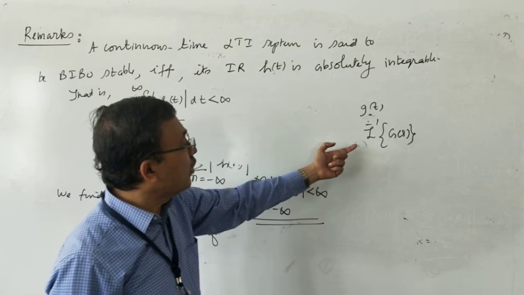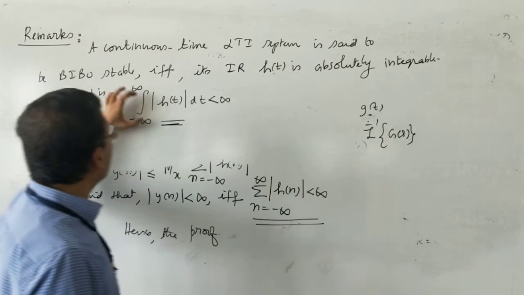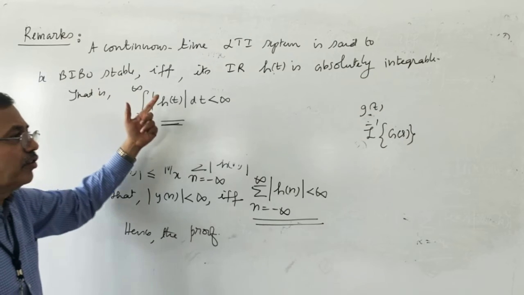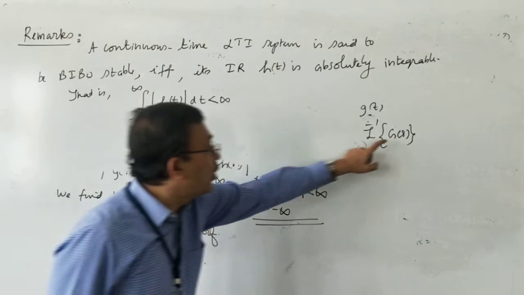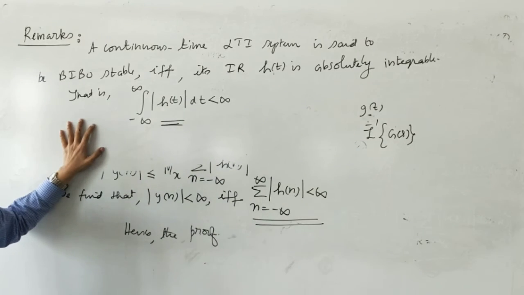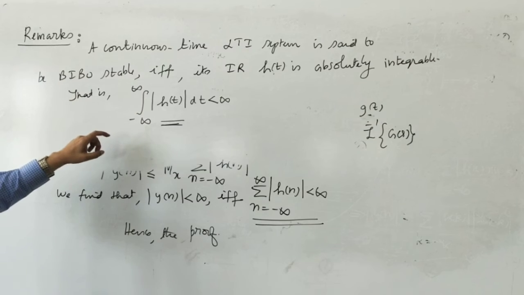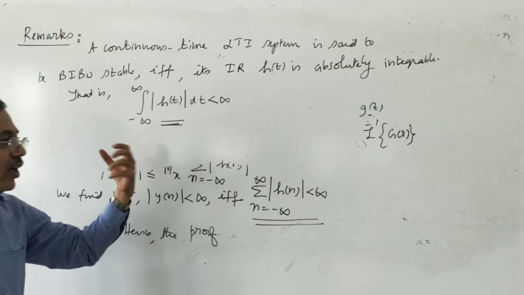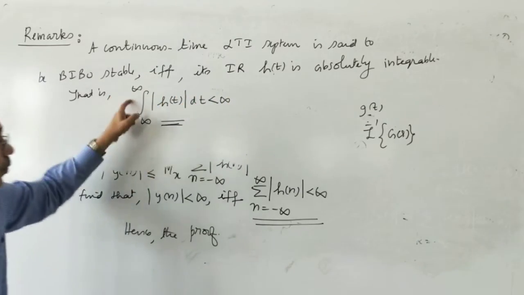Inverse Laplace transformation of the transfer function gives impulse response g of t. And this has been used to show that in control systems, for a system to be stable, all the poles of G of s must lie on the left hand side of the s plane. Hence, when you ask your teacher why poles must lie on the left hand side, in order to explain that, your teacher has to refer to this equation.